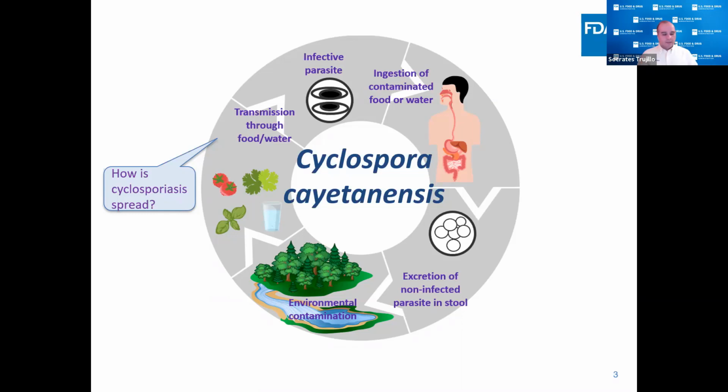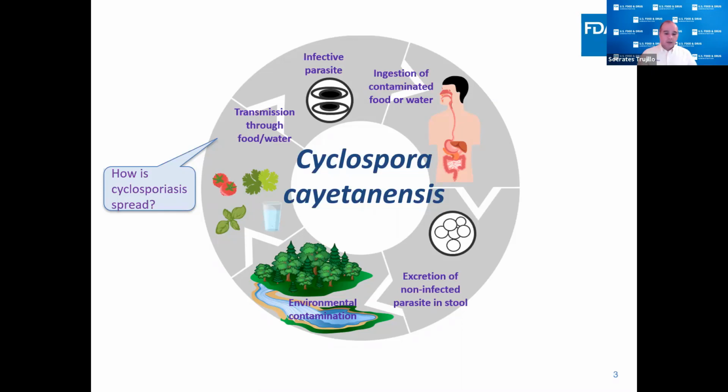We know, based on the data from the labs, that humans shed oocysts that are not sporulated, so they're not infective. The organism needs to be in the environment 7 to 10 days and then become infective, sporulated. Then when humans consume fruit, vegetables, or water containing the sporulated oocysts, the sporocysts, they will produce the disease.